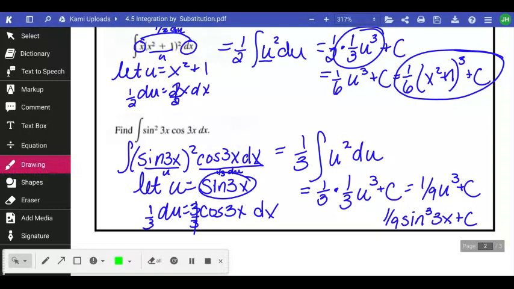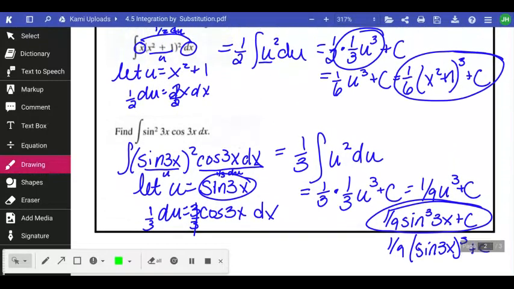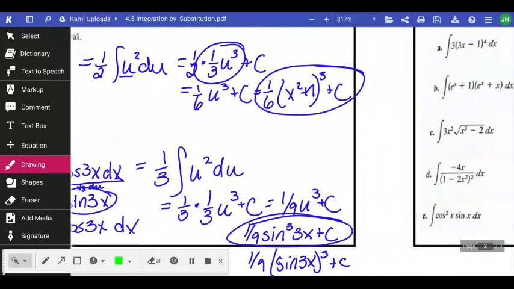So you could write it like that, or you could write it like that. Okay, that's kind of up to you. This is probably how you will see it most of the time in your text, though. Any questions on that? Okay, keep on moving.